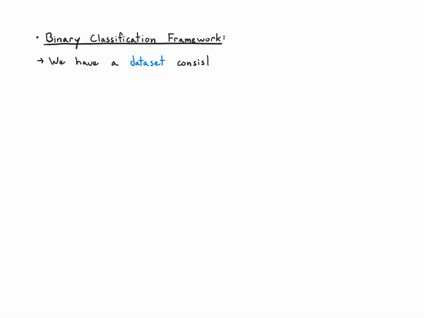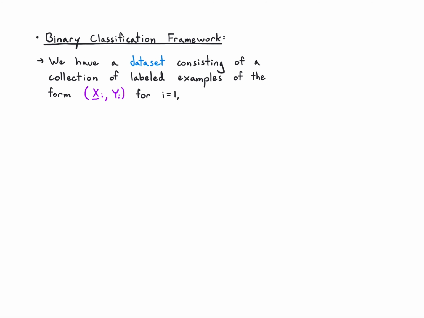Well, let's build up a framework for doing this. We're going to start out with what we're given. We assume that someone, maybe it's us, has collected a data set, which is really just a collection of labeled examples. We write this in the form (x_i, y_i), where i goes from 1 to n, so we have n examples.